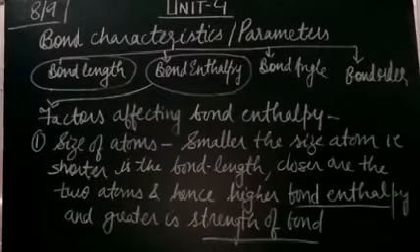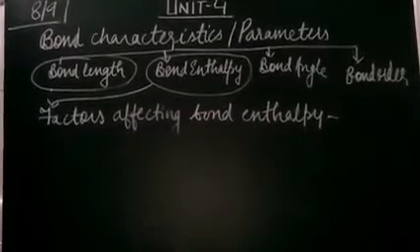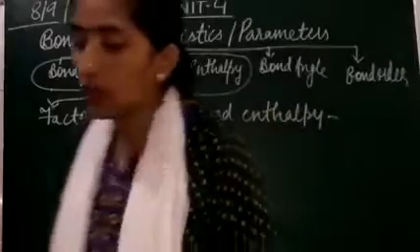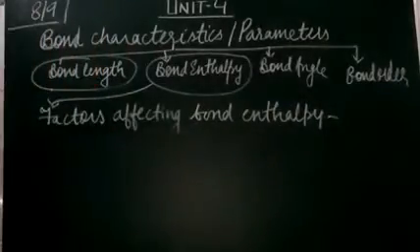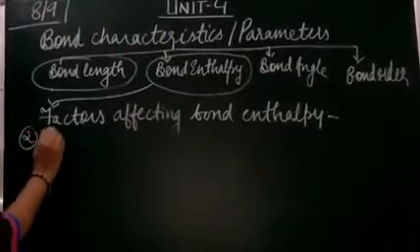So next we will discuss the next factor which affects this, that is the multiplicity of the bond. Here the multiplicity of the bond is the second factor, which means how many bonds are present between the two atoms in the bonded state.